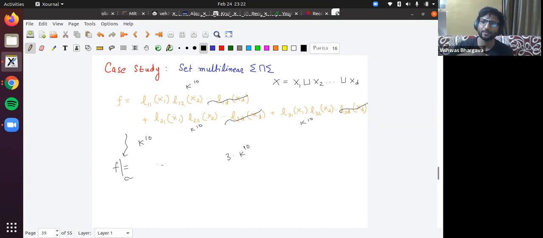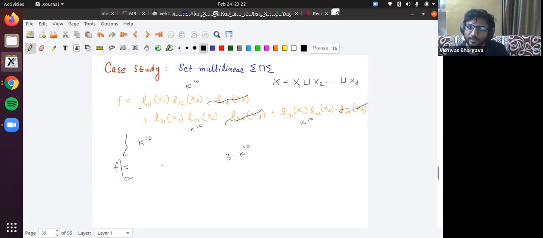So again, by an argument similar to the previous one, there's a system solving that you can set up, the unknowns being constantly many. You can learn f restricted to sigma by brute force, and you will get a representation.